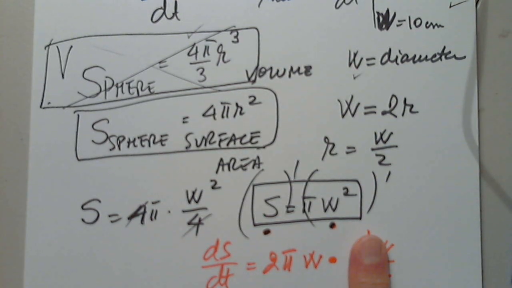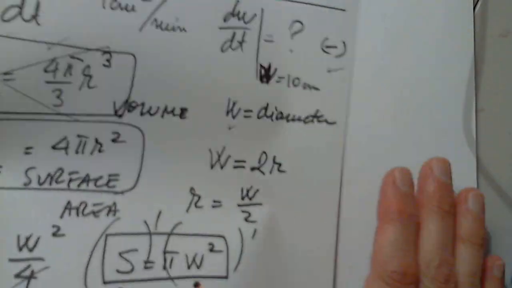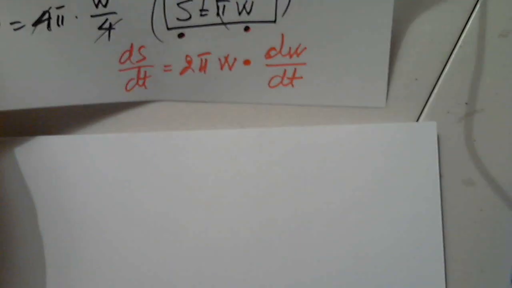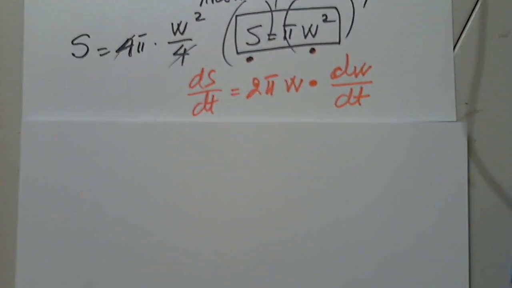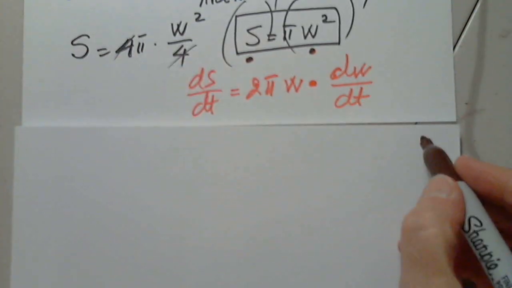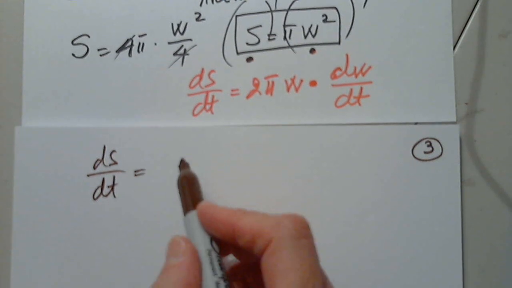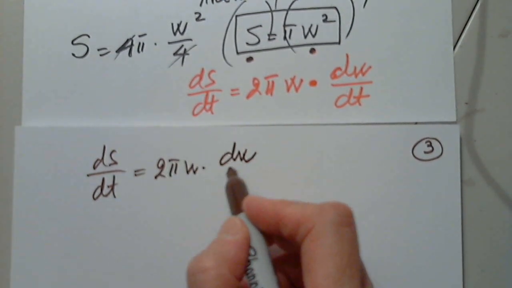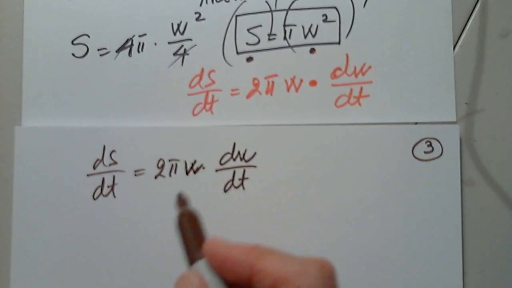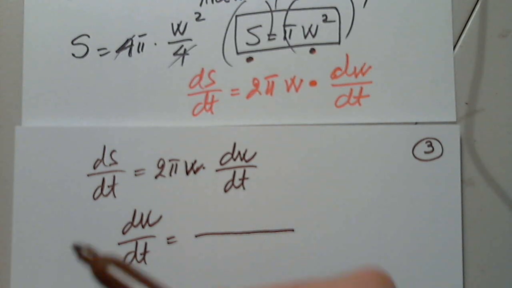In order to find this, I will divide this by the whole thing. And let's see what happens. And that's page 3. So ds over dt equals, I'm going to copy it here, 2 pi w times dw over dt. So then dw over dt equals this over this.